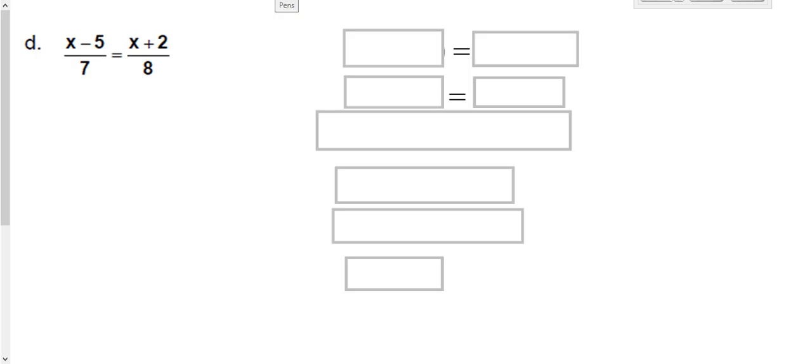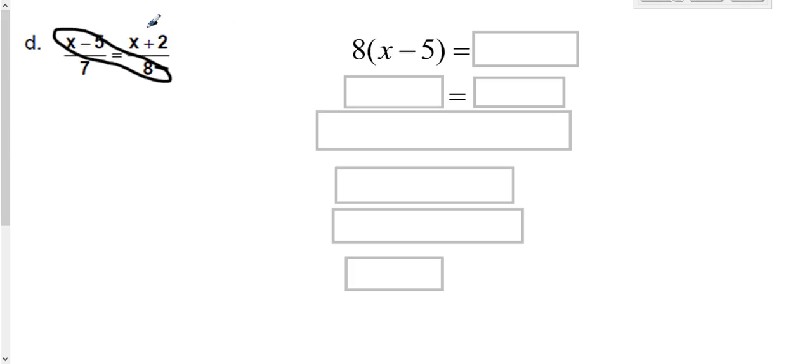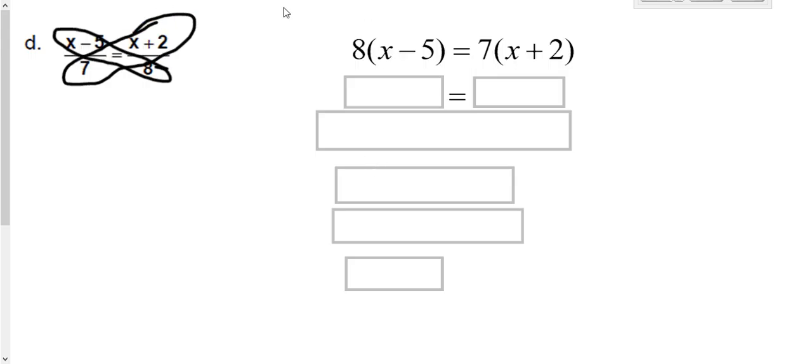Okay, hopefully you paused it and tried it on your own. What we got here? This cross product, 8 times the x minus 5 equals the other cross product, 7 times the x plus 2. Distributive property, 8 times x is 8x, and then times the minus 5 is minus 40, so we get 8x minus 40.